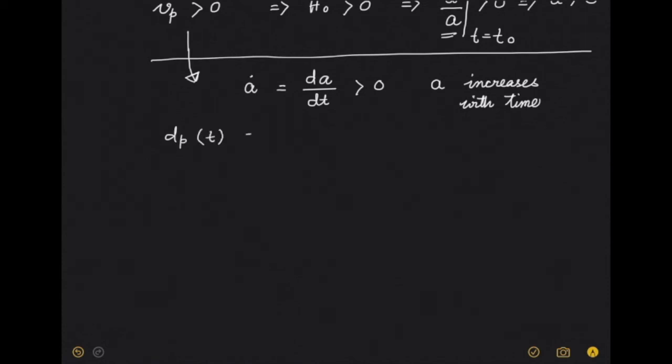Well, dp, if I write it as a function of time, is nothing but a as a function of time times the constant co-moving distance.